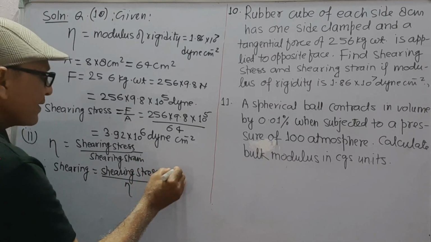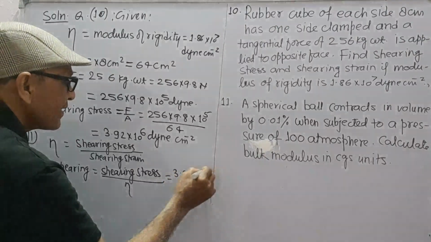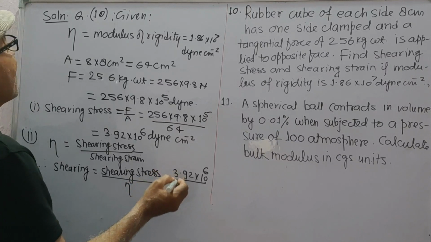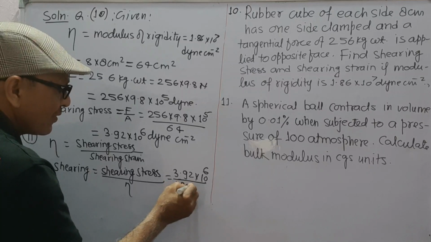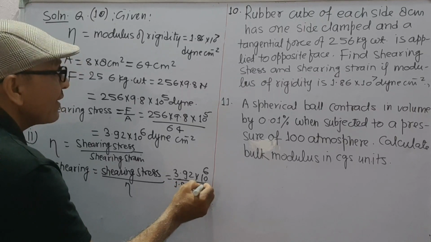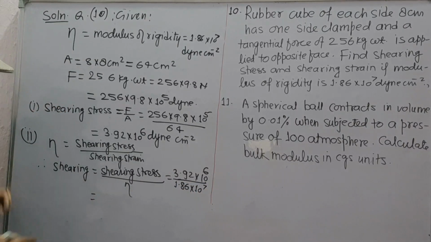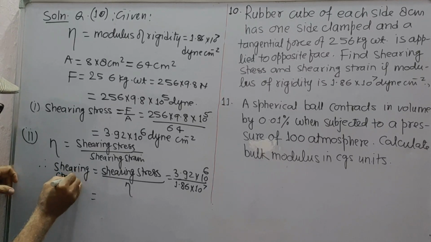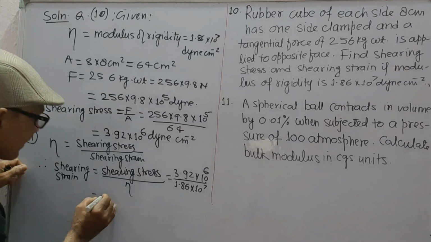Shearing stress 3.92 into 10 to power 6 upon eta is 1.86 into 10 to power 7. We get shearing strain as 0.2 radian.